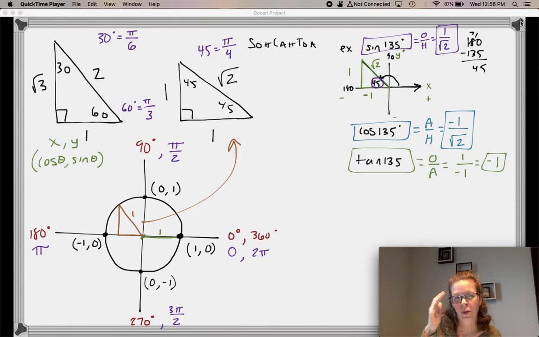So I have to think about, well, square root of 2 divided by what would give me 1? Well, you divide anything by itself as 1. So it's dividing by a square root of 2. So then the sides are 1 over a square root of 2. This is a negative 1 over a square root of 2 because it's on the negative side. And then, alphabetically, if I think about this point here, the over and up values give us the cosine and the sine.